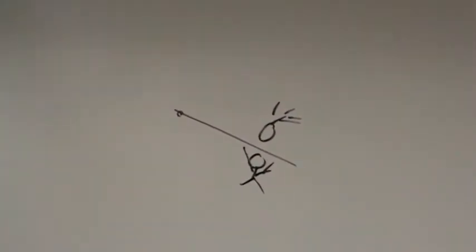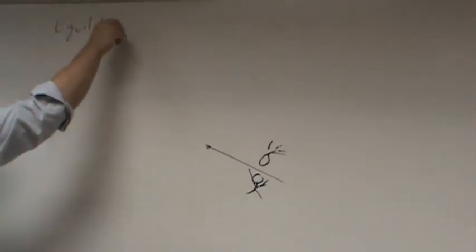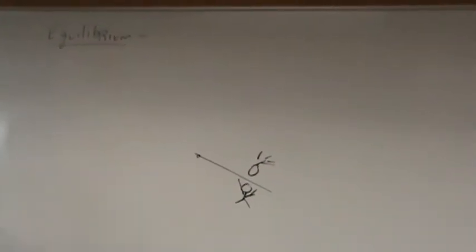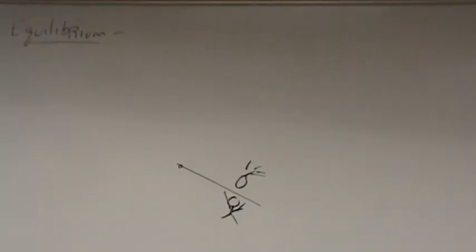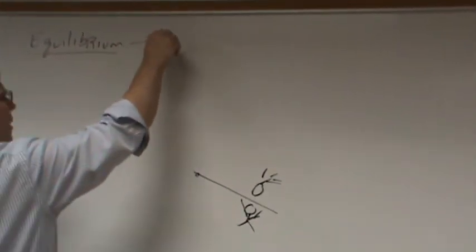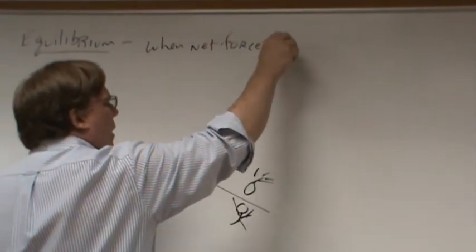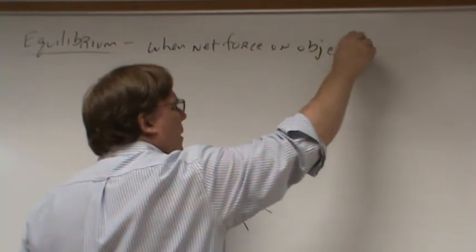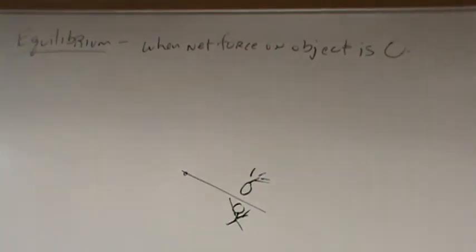Well, this situation where the net force is 0 gets a special name. It's called equilibrium. An object is in equilibrium when the net force on that object is 0.